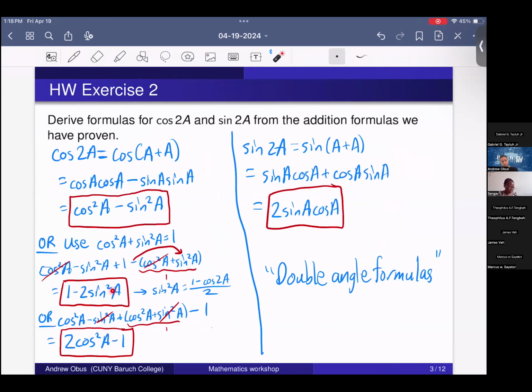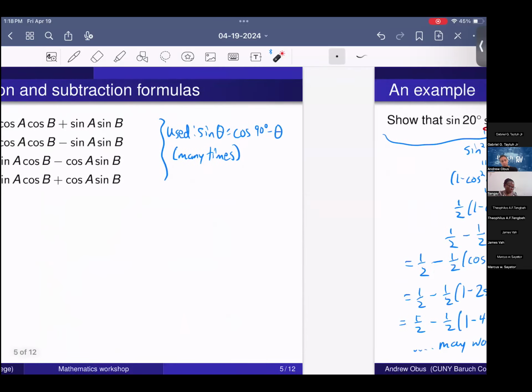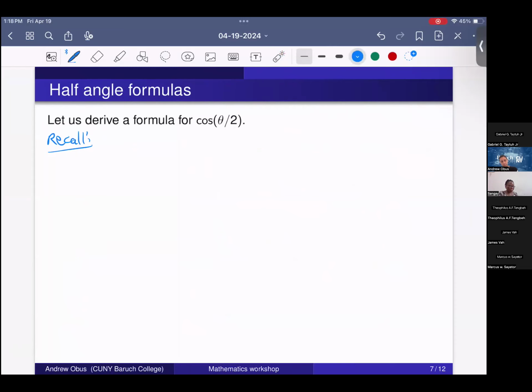So it's 1 minus 2 sine squared a, or 2 cosine squared a minus 1. So cosine of 2a is equal to 1 minus 2 sine squared of a, and it's also equal to 2 cosine squared of a minus 1.